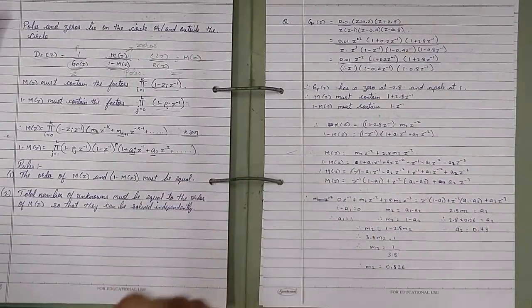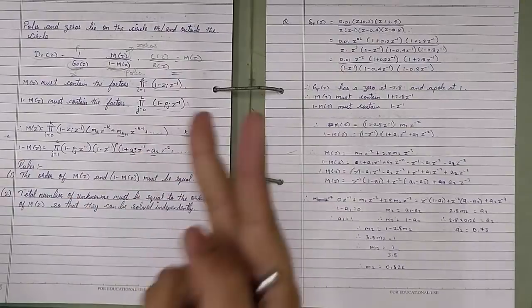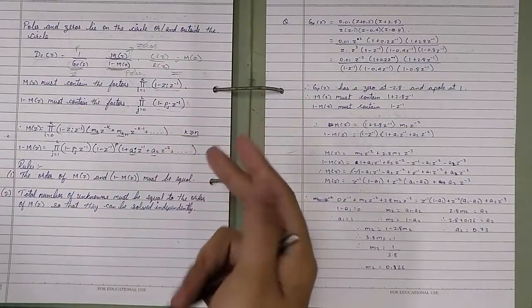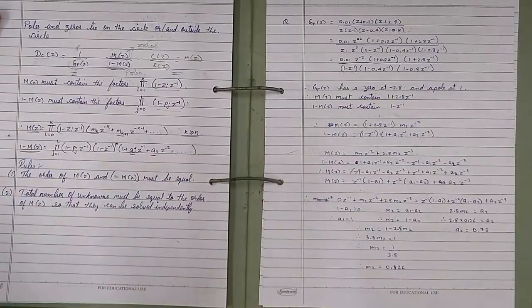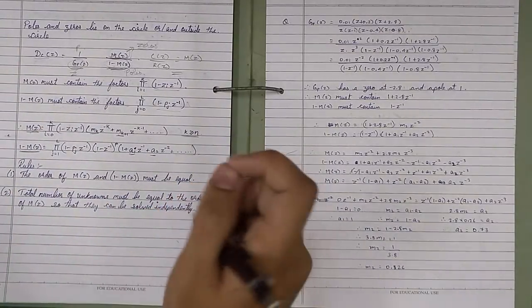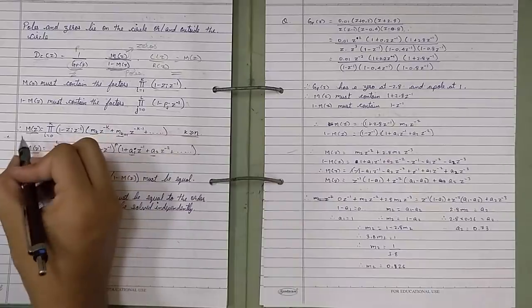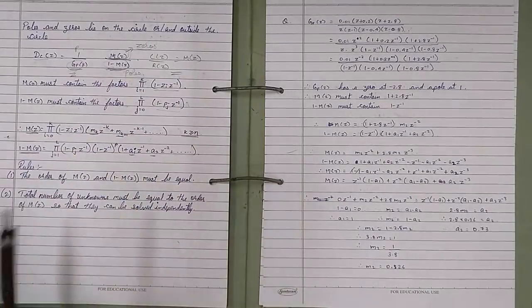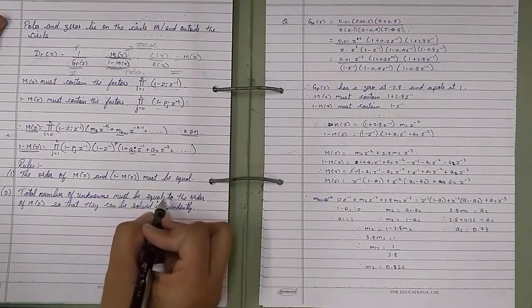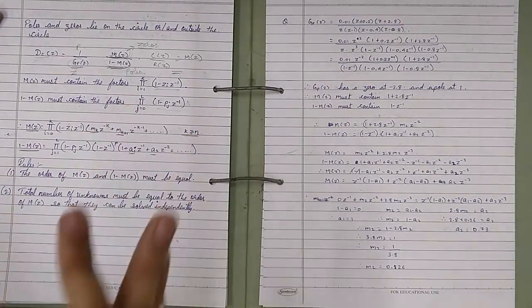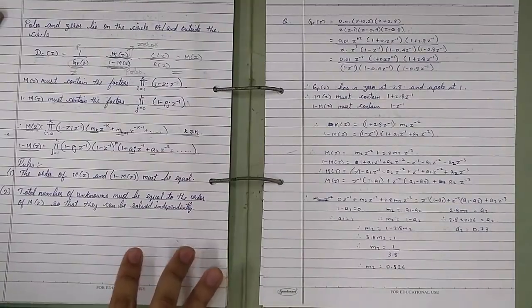Now for solving this, we have two basic and most important rules. First rule is that the order of M(z) and 1 minus M(z) should be the same. If the order of M(z) is 3, 1 minus M(z) should also have 3. And the total number of unknowns must be equal to the order of M(z).